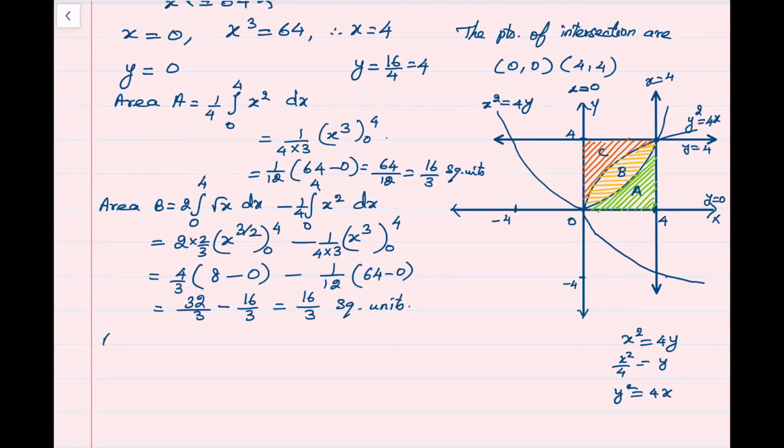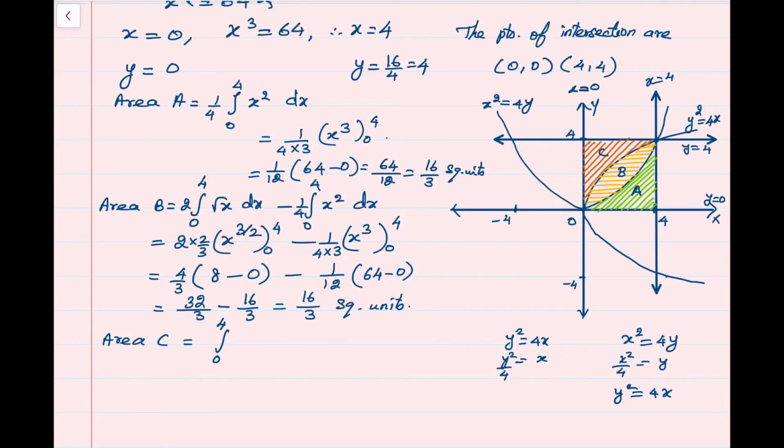Now we will calculate area C. Area C is bounded by y-axis. We will do the integration with respect to y. The limits are 0 to 4 for the y variable and it is under the parabola y square equal to 4x. And from this, x is y square over 4.